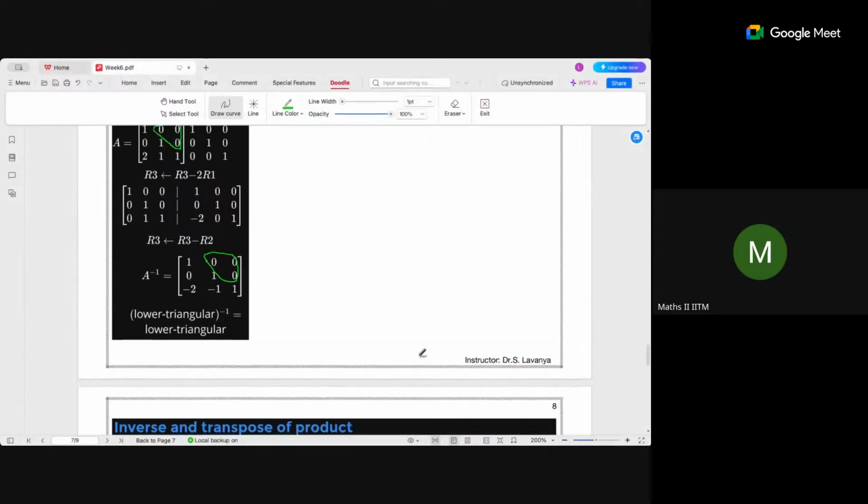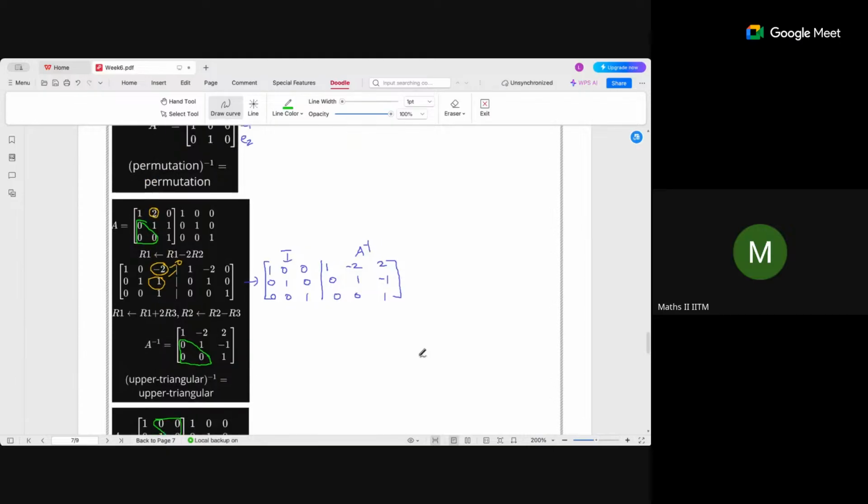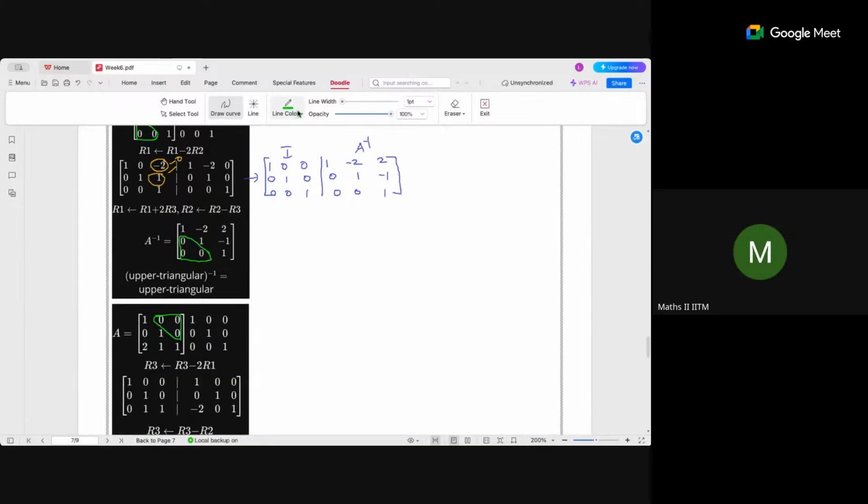Can anyone tell? Okay, let's see. A is equal to, I am going to take d1, d2, d3. All my di's are non-zero, let's assume. So I'm augmenting with 1 0 0, 0 1 0, 0 0 1. For row elimination, what should be the first step?